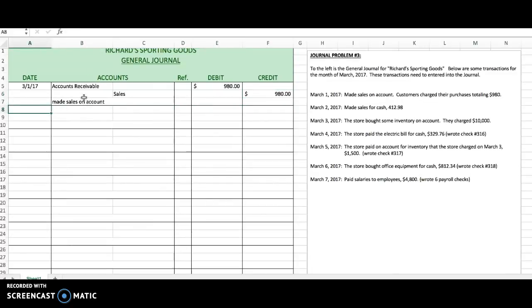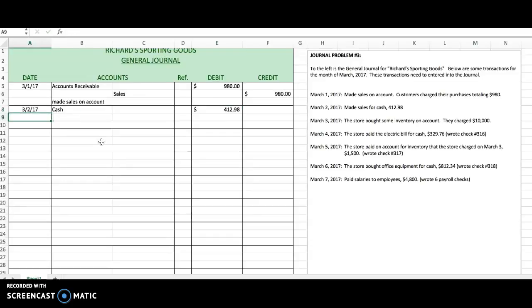Next entry, March 2nd. We made sales for cash. Very similar to the first one, except this time we got cash. Cash went up. Cash is an asset, so we put cash and we debit by how much? 412.98.